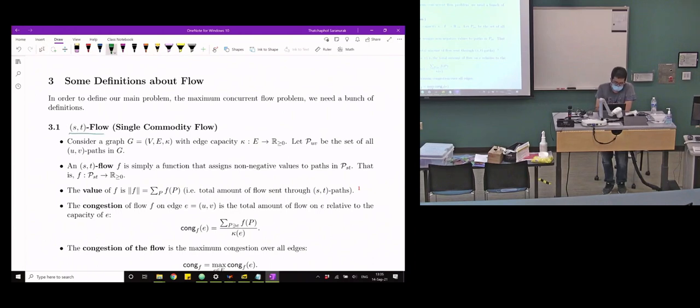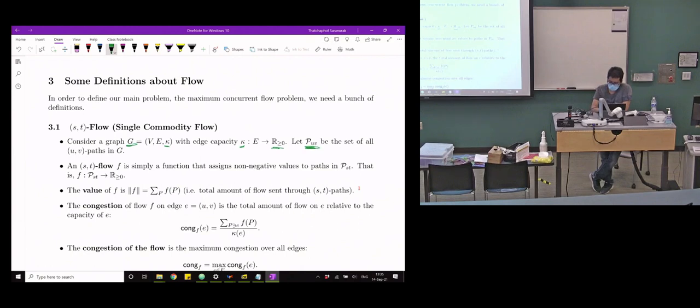So let me start by recalling some basic definitions about flow that you might have learned in a previous class, which is s-t flow. Suppose that you look at the graph G with edge capacity kappa, non-negative capacity, right?